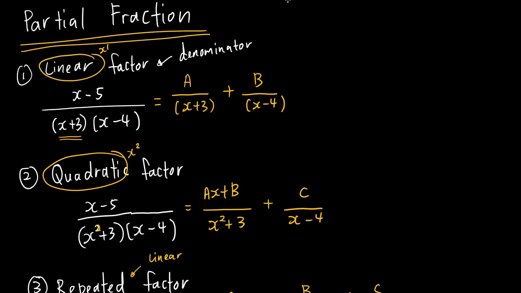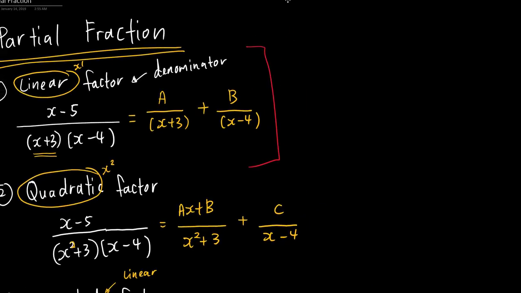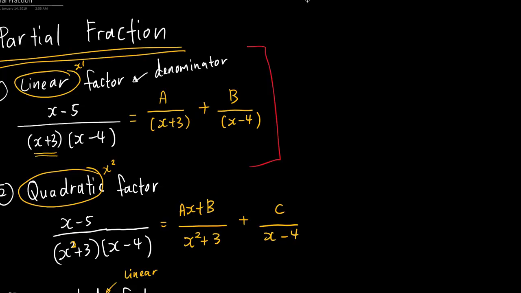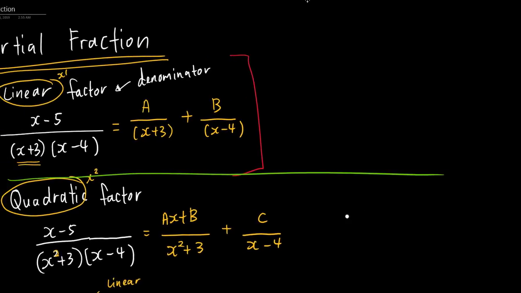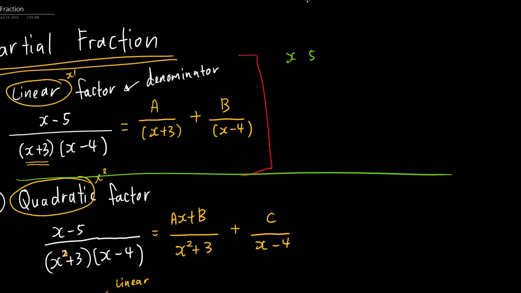So let's focus on the first example first. Okay, basically it is quite simple, but it might not be so simple for some students. So okay, let's use some space here. So let's say this is x minus 5 over x plus 3 times x minus 4 equals, like what I did just now, a over x plus 3 plus b over x minus 4.